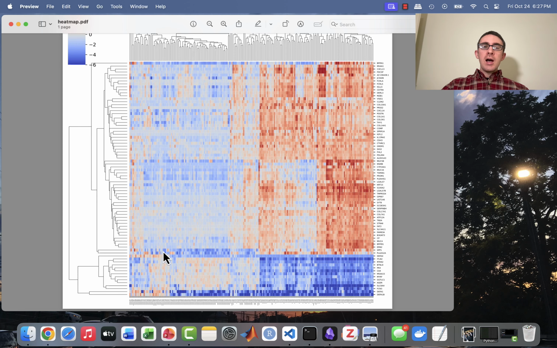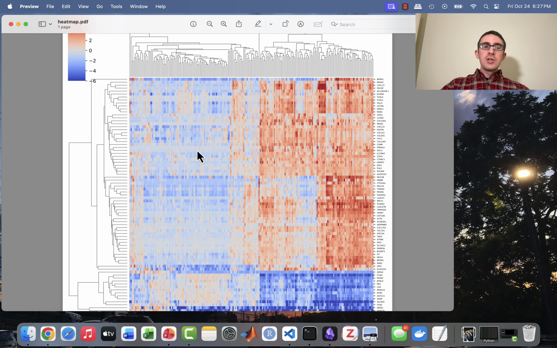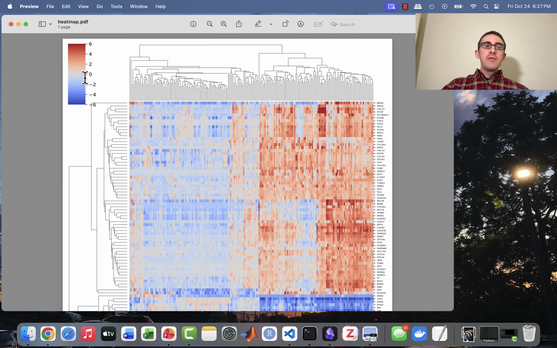So the left side is a lot of gray, actually. And what that means is that the expression is close to zero. I should say also, this is relative expression compared to the mean of the control samples.